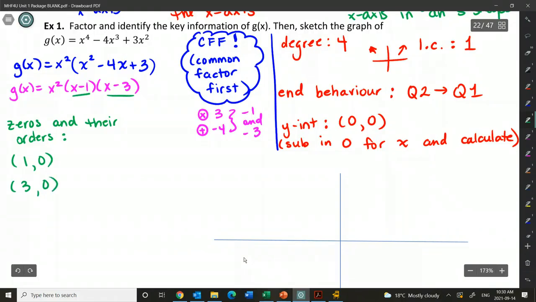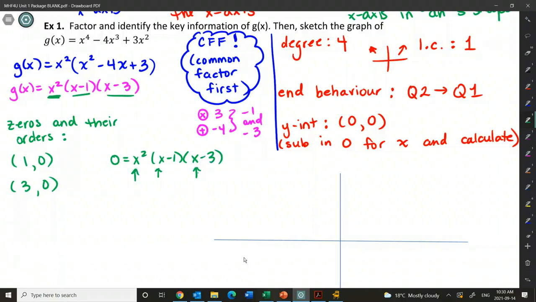Anywhere I see an x should produce a 0. So this also produces an x-intercept. What do we get from x squared? Whenever I'm finding an x-intercept, I set the equation equal to 0, and I want to know what x's I plug in here that could make this whole equation equal 0 when I multiply them.